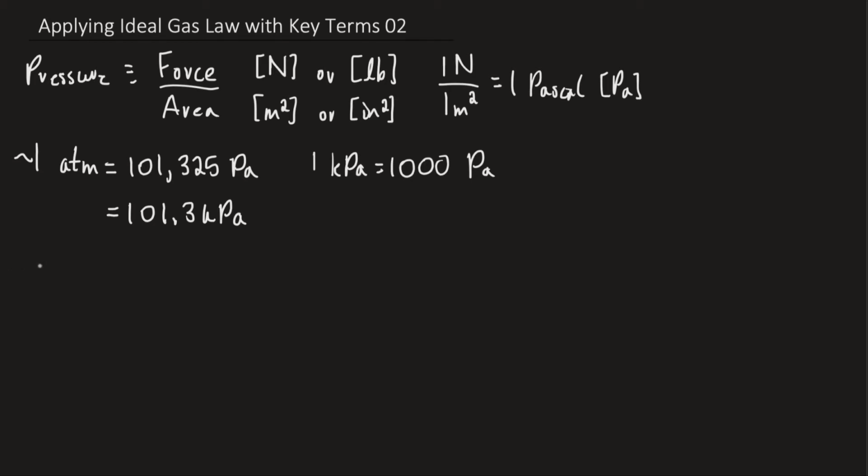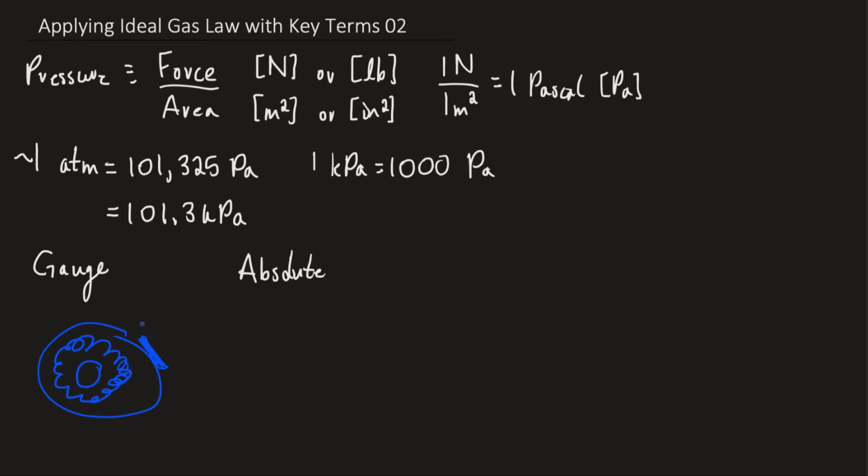And pressure can be measured in two ways. You can either measure it as gauge pressure or absolute pressure. Gauge pressure is commonly used when measuring pressures of tires. So if you have some sort of instrument right here, if you're measuring gauge pressure, you're looking at the pressure inside of the perfectly round tire that I drew relative to the surrounding pressure.